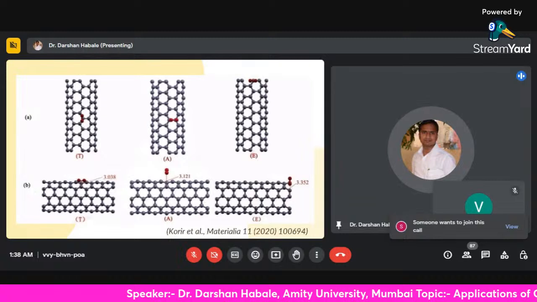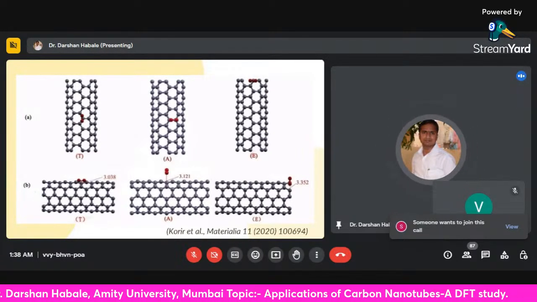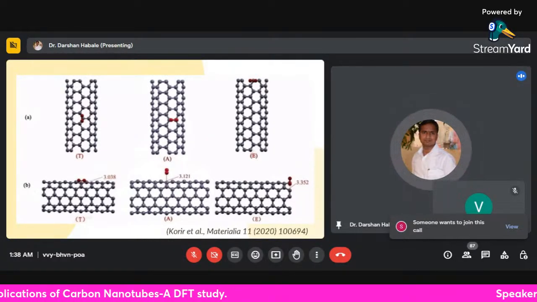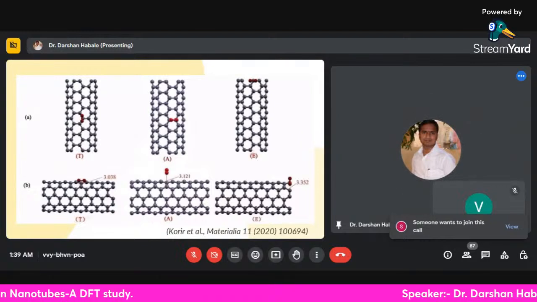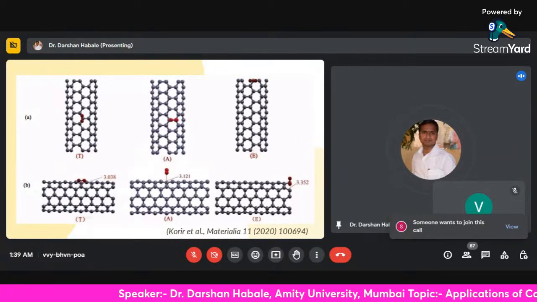So if you modify this with silicon, then the binding is a little bit stronger, and these toxic gases can easily adsorb on the Si side of CNT. That is the conclusion from our side. This is what Courier et al. published recently, 2-3 years back.